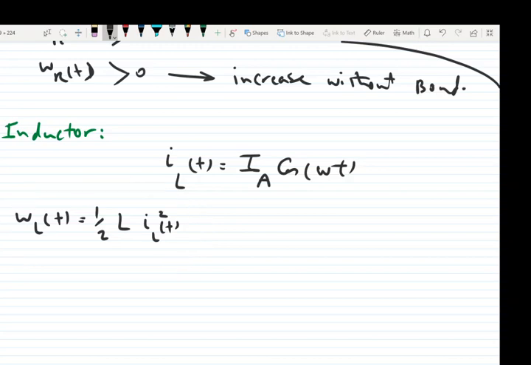So it's equal to 1 over 2 L, and instead of current, we replace it with Ia square cosine of omega t square.